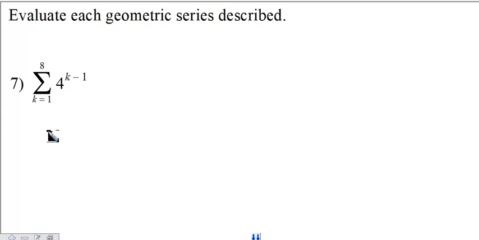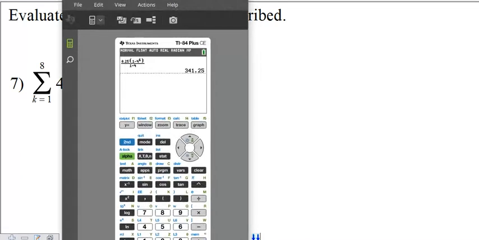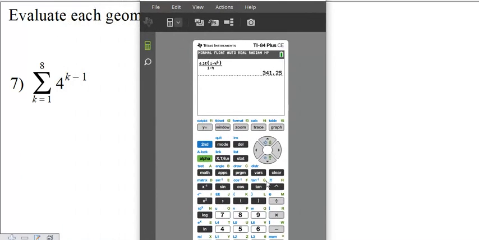In this last example, we are evaluating a geometric series where we have been given a sigma notation. Again, they're telling us we're starting with the first term and we're going to term number 8, and they've given us an equation. We'll go ahead and pull out our calculator, and we're going to go to the math menu. Go to option 0, and let's enter our information. Again, instead of trying to put a k in, just use x.